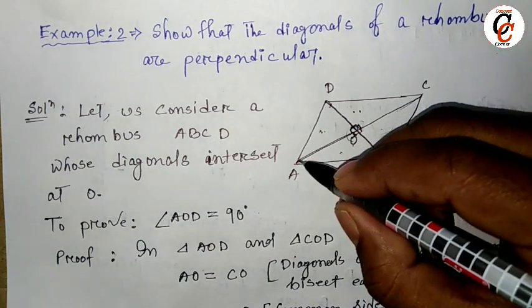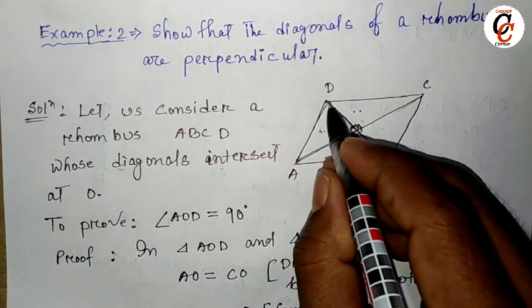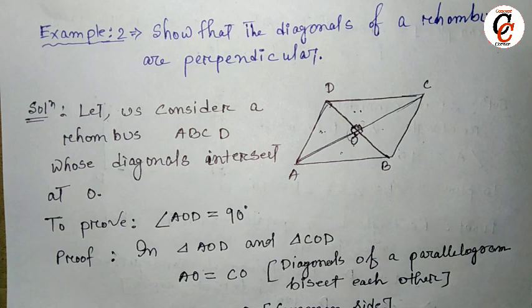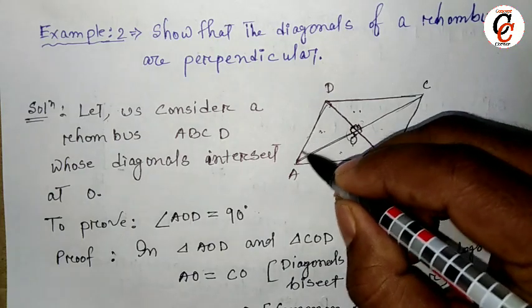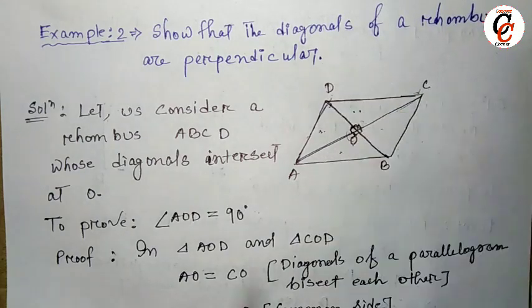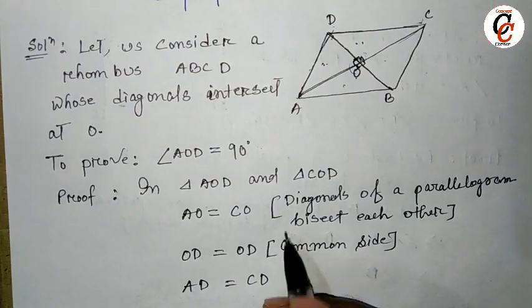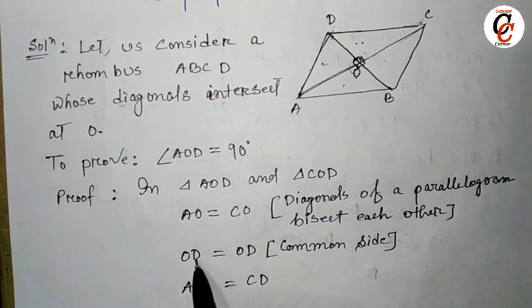Again, see, AD is equal to CD. Why? All the sides of a rhombus are equal. So AD must be equal to CD, because all the sides of a rhombus are equal.